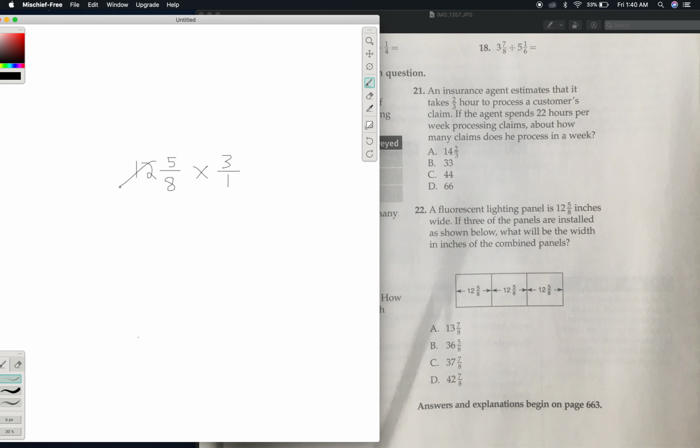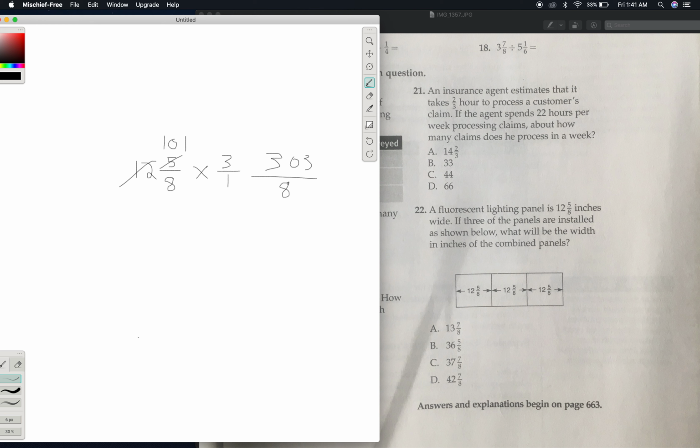So let's cross this out. Let's cross this out. 101. Can anything be simplified? There's no number that goes into both of these, unfortunately, because this is going to be a big number. So 3 times 101 is 303. 8 times 1 is 8.